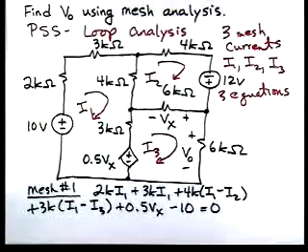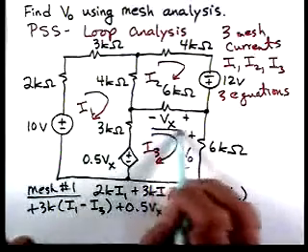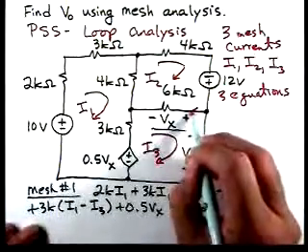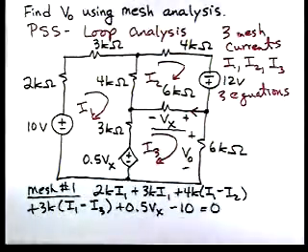Okay, so now there's our first equation, and we're going to have to do something with Vx. So if we look at where Vx is in the circuit, and we want to express it in terms of the mesh currents, we're going to need the current in that direction.